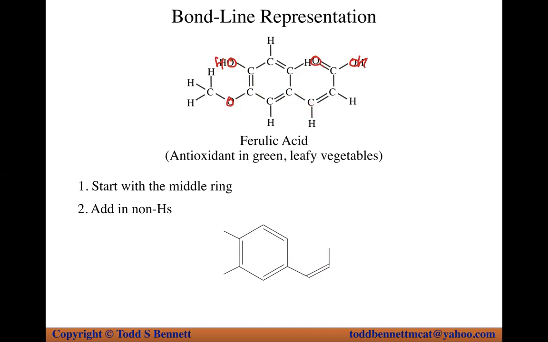Then next on the agenda, going to put in those groups that we just highlighted. So the groups as we see them are O with a CH3. We can represent it that way, or I can do it O with a line. So if I wanted to, instead of doing CH3, it's also valid to do that. The OH is its own separate entity.